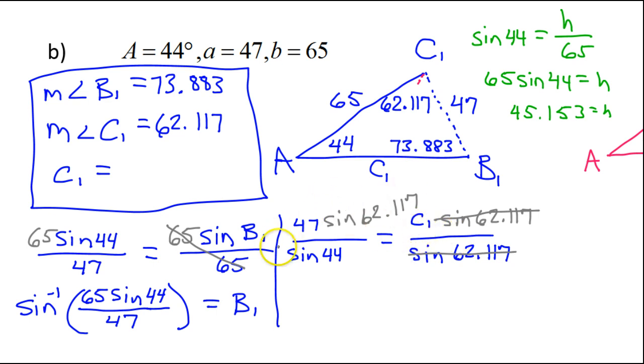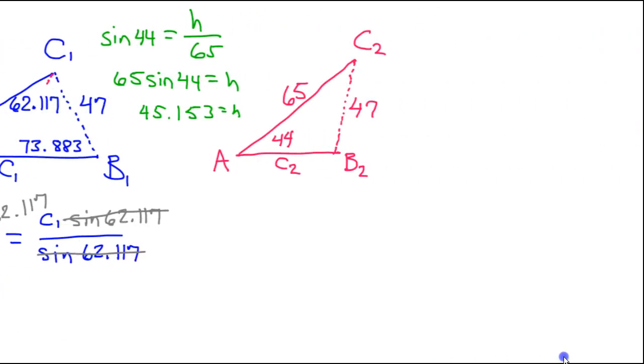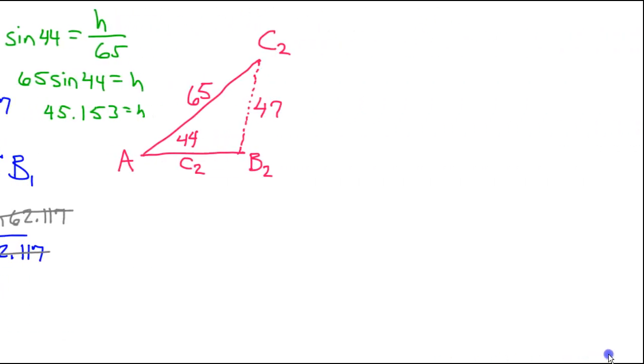So put all of this in your calculator at once. That's going to be 59.804. So that's it. We have solved the blue triangle. Now we need to move on over and solve the red triangle.